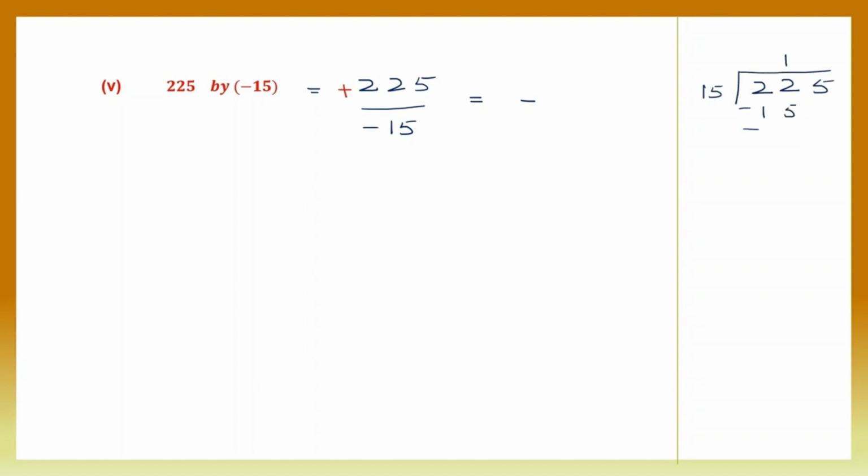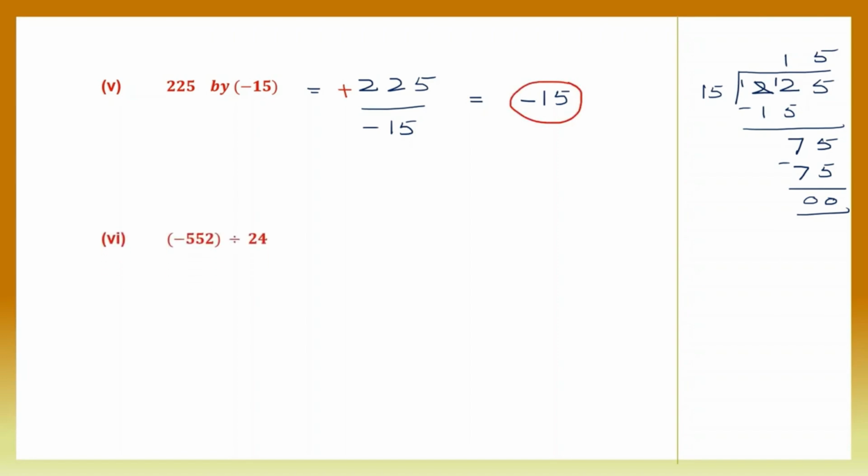Now we have to subtract. So this is 1, 12. 12 minus 5 is 7. You bring down 5, it's 75. 15 fives are 75. Minus. So we've got our quotient as 15. Let's write it here. And our final answer here is minus 15.